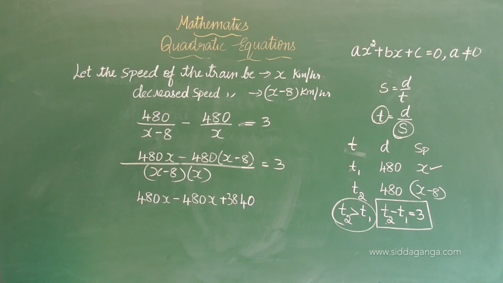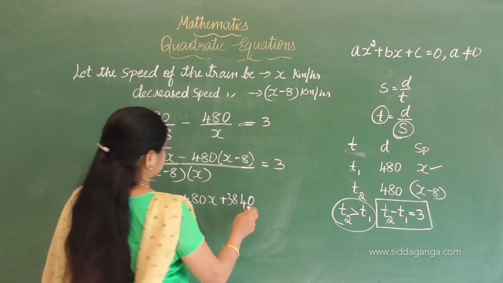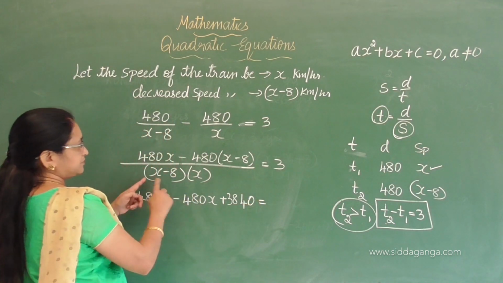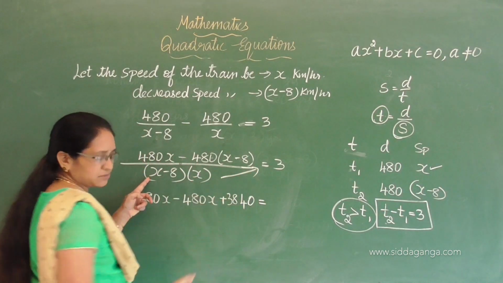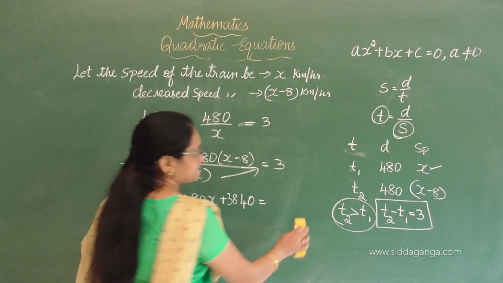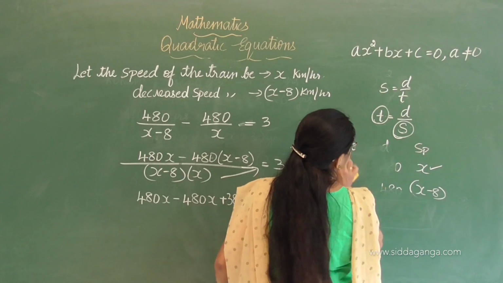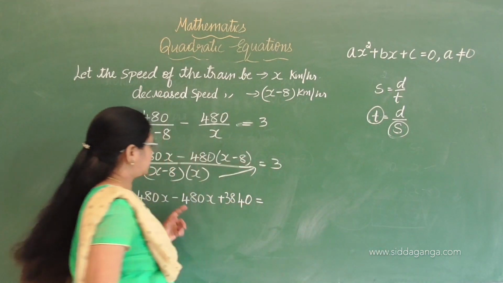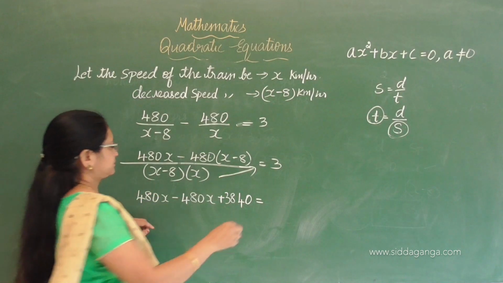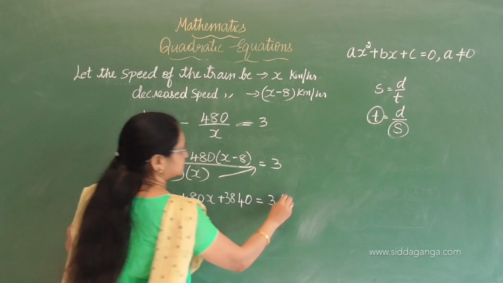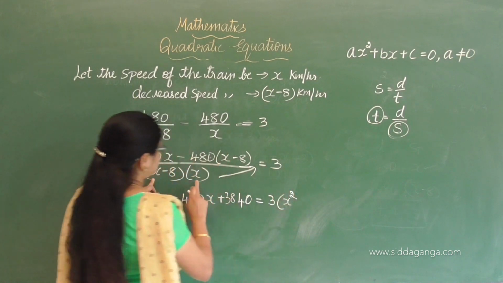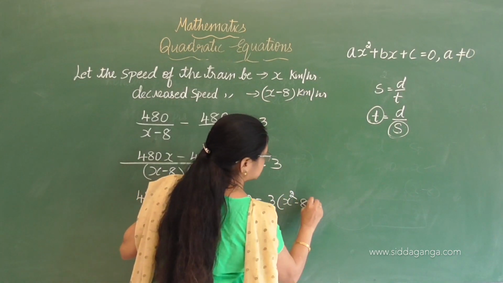So 3840. Now when you cross multiply, this will become 3 into x square minus 8x.